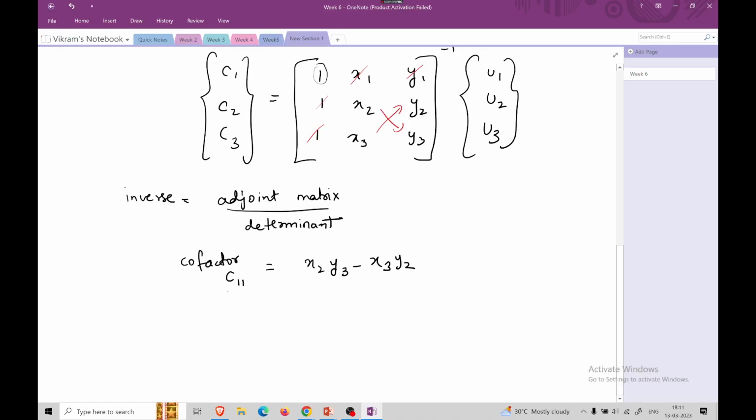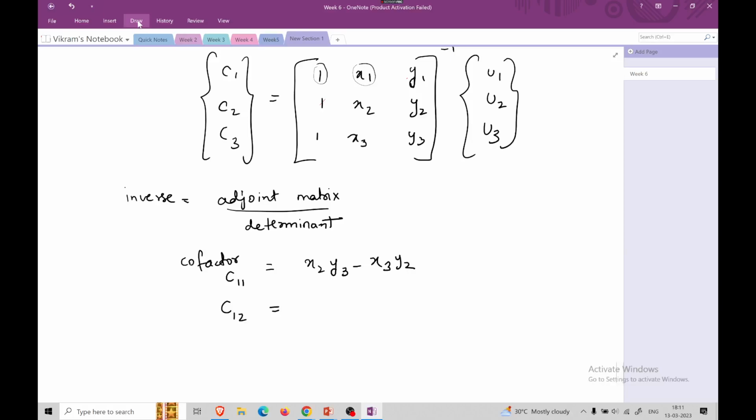So similarly for C12, what should I do? I will erase this. So for this, what is my cofactor?